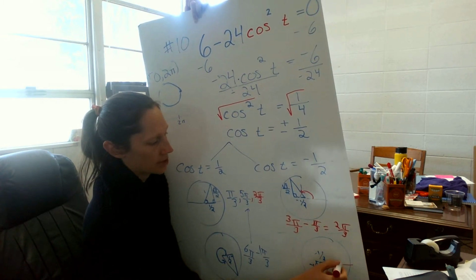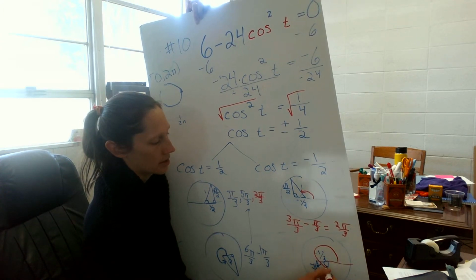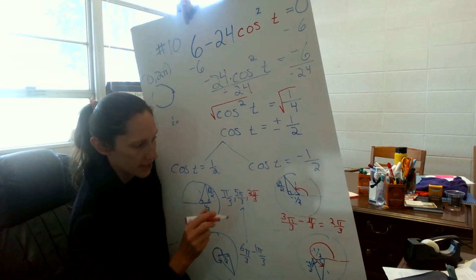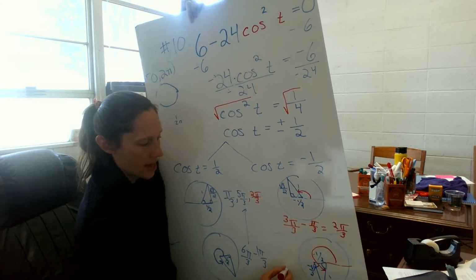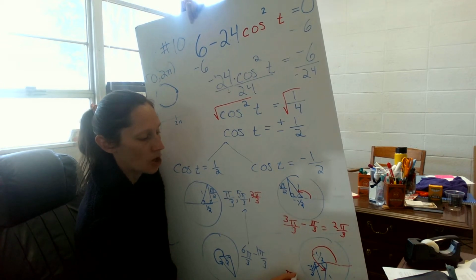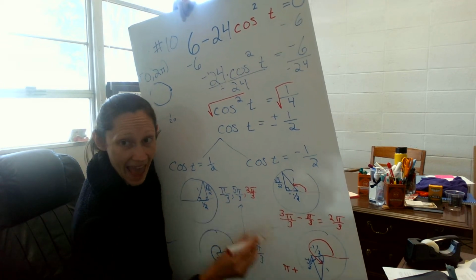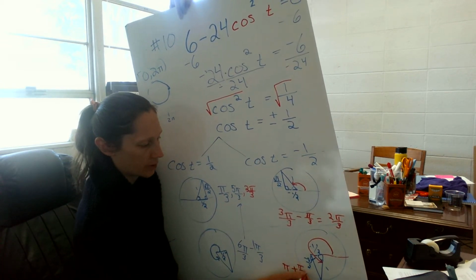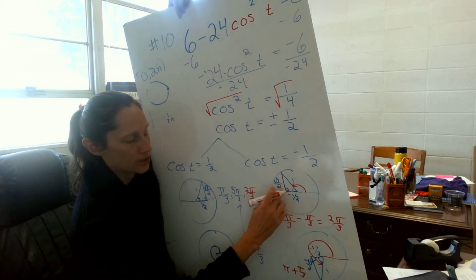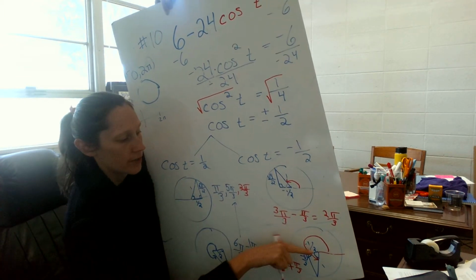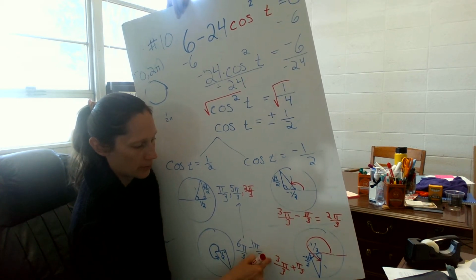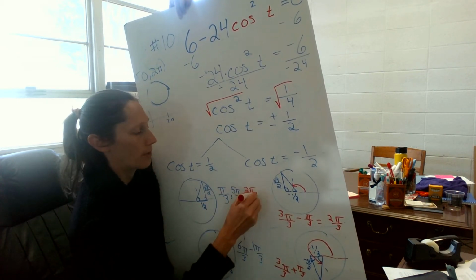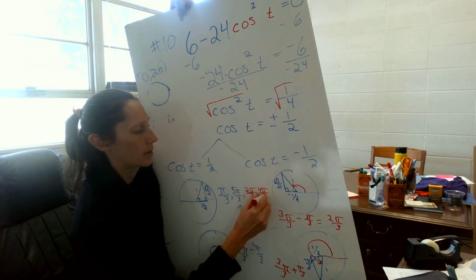They want the angle that starts counterclockwise from the x-axis until you get to the hypotenuse. So notice if I had stopped at the x-axis, I'd be at pi units, but I keep going. So this time I'm going to add pi over 3. This one I took away pi over 3 to get a smaller angle. This one I add pi over 3 to get a bigger angle. Common denominator: 3 pi over 3 plus 1 pi over 3 is 4 pi over 3.